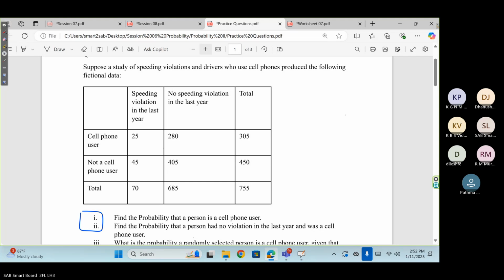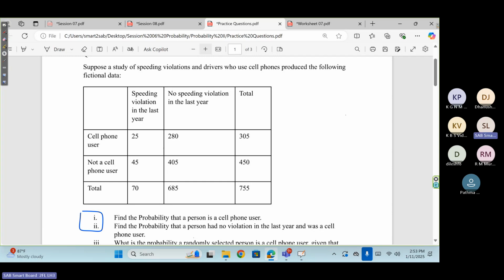The first one asks, find the probability that a person is a cell phone user. Is it marginal probability or joint probability? Marginal probability.